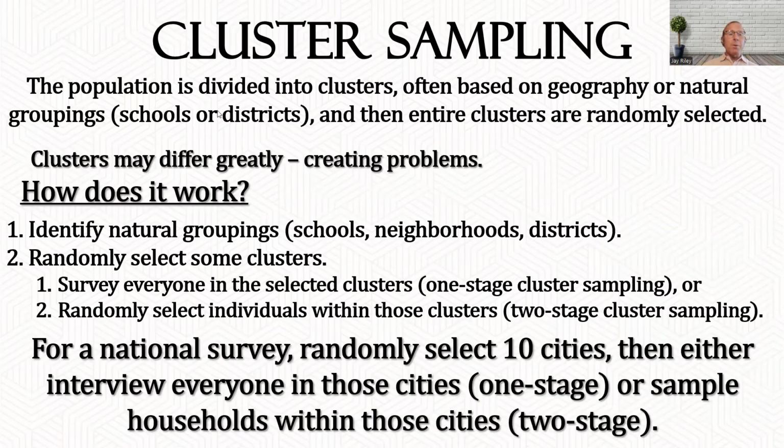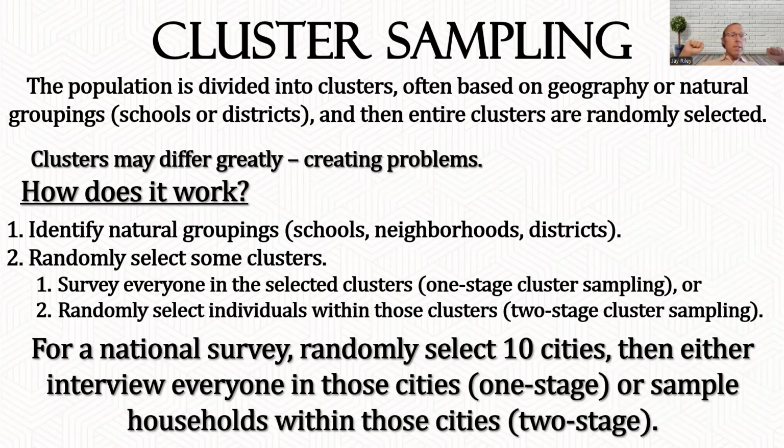Cluster sampling. So in this particular method of sampling, you divide the population into clusters, and this can be based on geography or some other type of grouping, like schools, districts. This is important when you're doing a study where your participants, your population, is geographically dispersed.